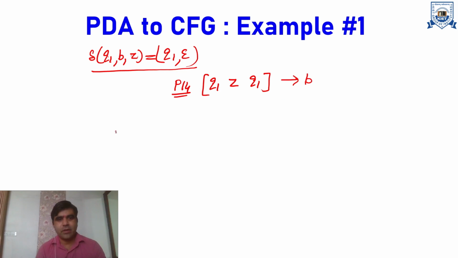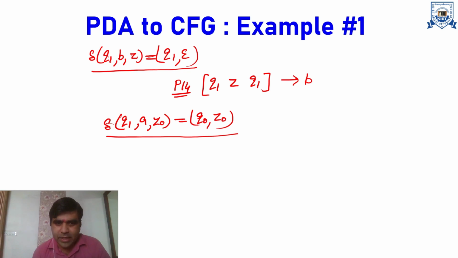Okay, then last one is delta of Q1 comma a comma Z naught is equal to Q naught and Z naught. Now in this case also, initially on the stack we have Z naught, and after this transition function we are still having Z naught. We are not erasing any symbol. Not erasing any symbol means rule 3 will be applicable, which says that this Z naught comes to the middle, and the last thing will take all values.